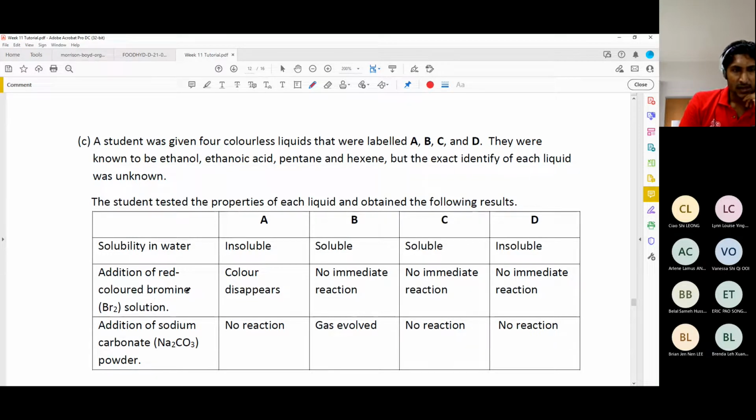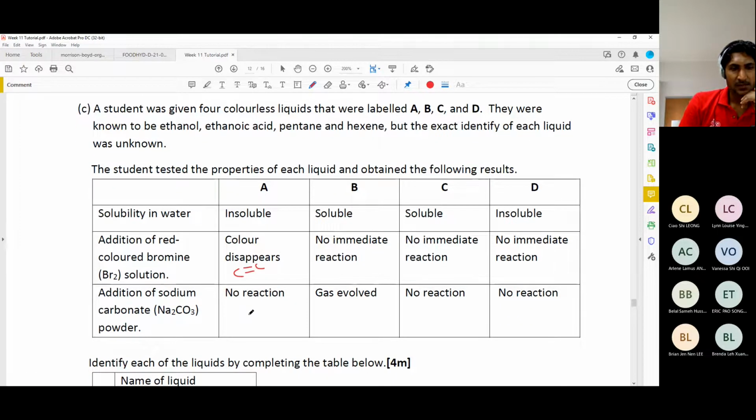Addition of red colored bromine solution, color disappears. Color disappears, that means it has a double bond in it. Addition of sodium carbonate or sodium bicarbonate: if it had a COOH group, there would be carbon dioxide, bubbles or effervescence.